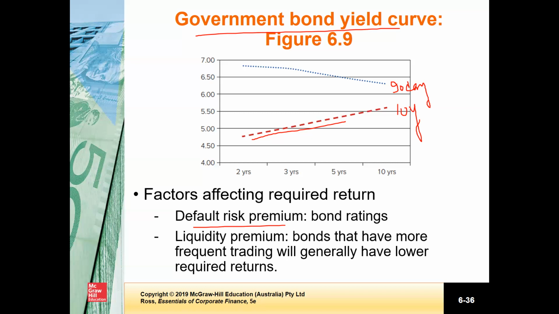Investors prefer liquid assets to illiquid ones, so they demand a liquidity premium, which means that if a bond is less liquid, they will want compensation for investing in it. This liquidity premium is in addition to the other premiums we discussed, for example, the default risk premium.